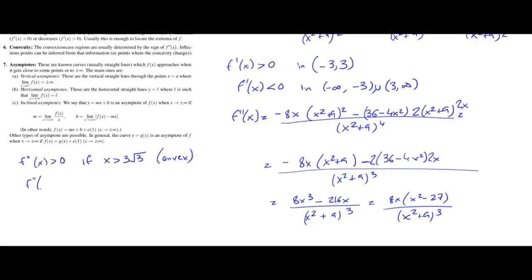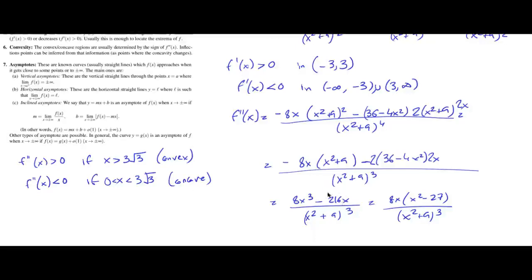And it's going to be negative if x is between 0 and 3 square root of 3. Okay, this is concave, right? And we don't really need to care about the negative side because it's going to be minus that.